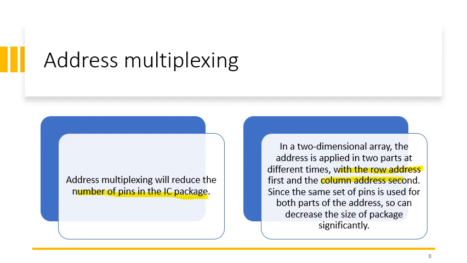Since the same set of pins is used for both parts of the address, we can decrease the size of the package significantly. That is the benefit of using address multiplexing.